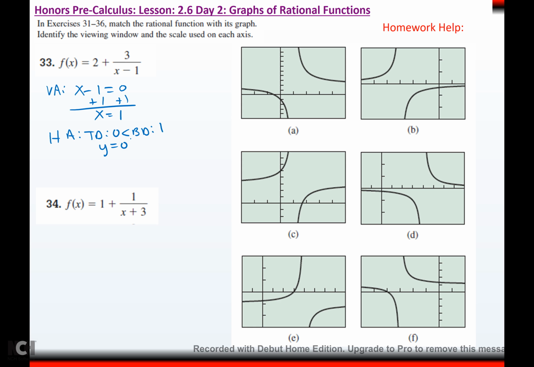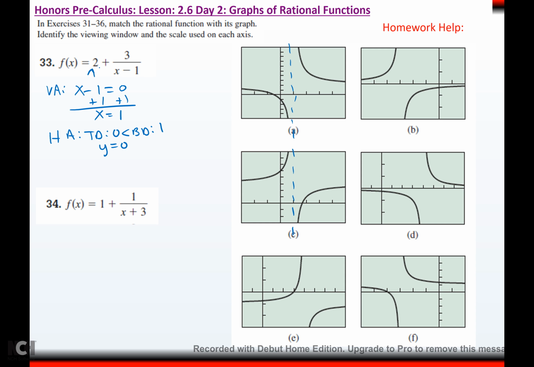So I'm looking for a vertical asymptote at 1. And those are the only two, so it's between those two. I can get intercepts if I want, but I know that this one has to shift up 2 units. So it's going to have to move up 2.